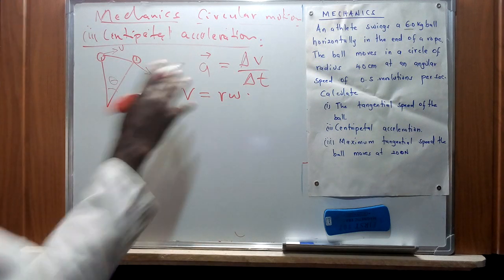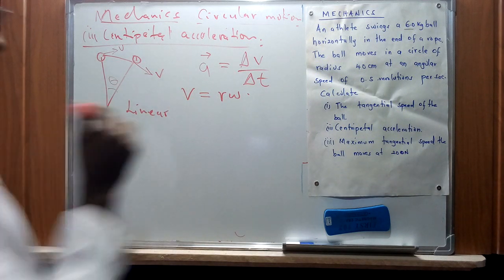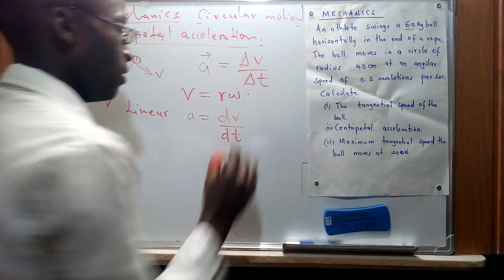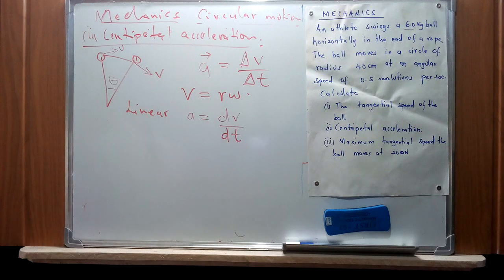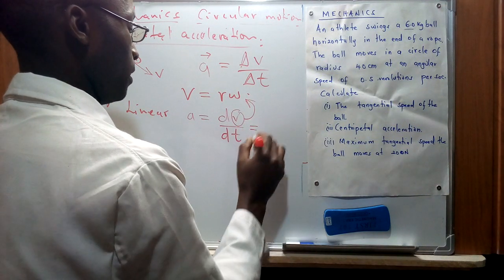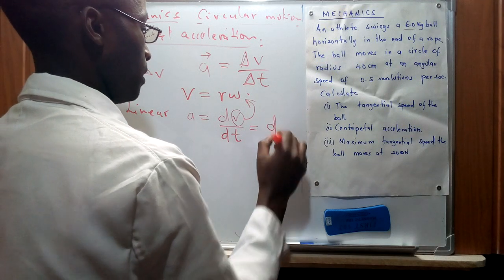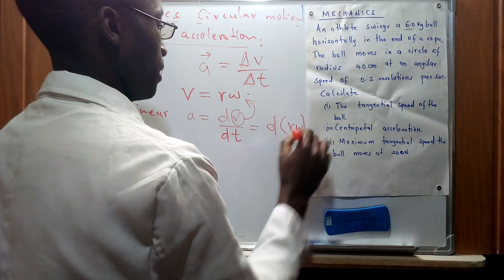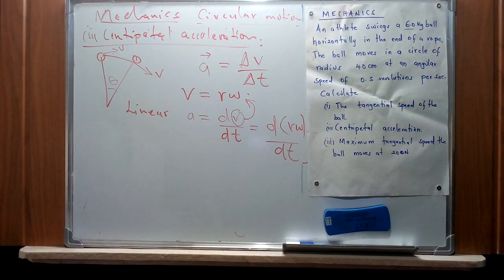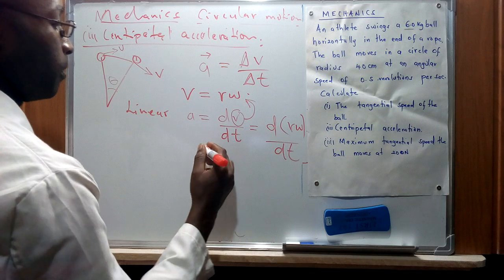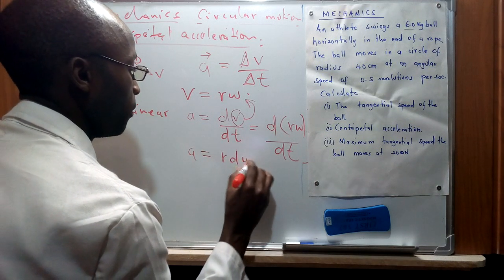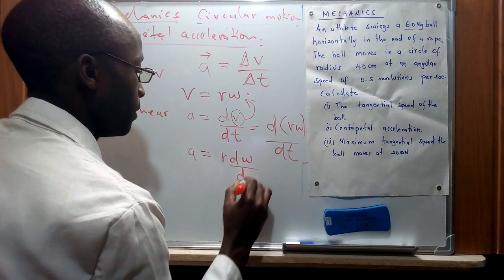Acceleration is the derivative of velocity. Now we will do a substitution for velocity, and find d of r omega over dt. That's our differential. Of course, r is a constant, so we shall have acceleration equals r d omega over dt.